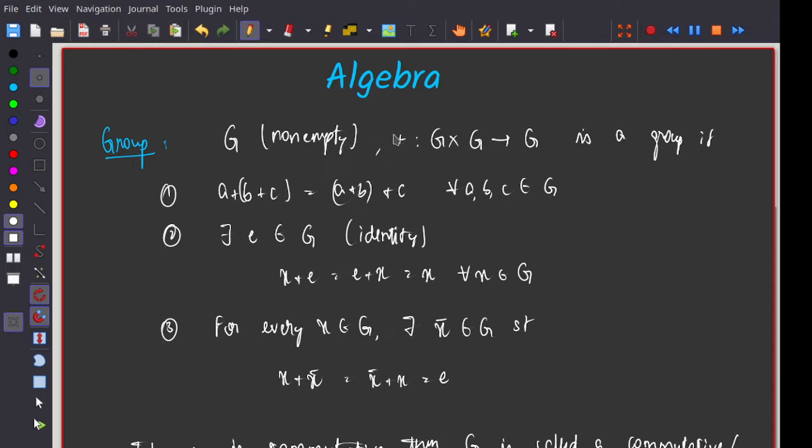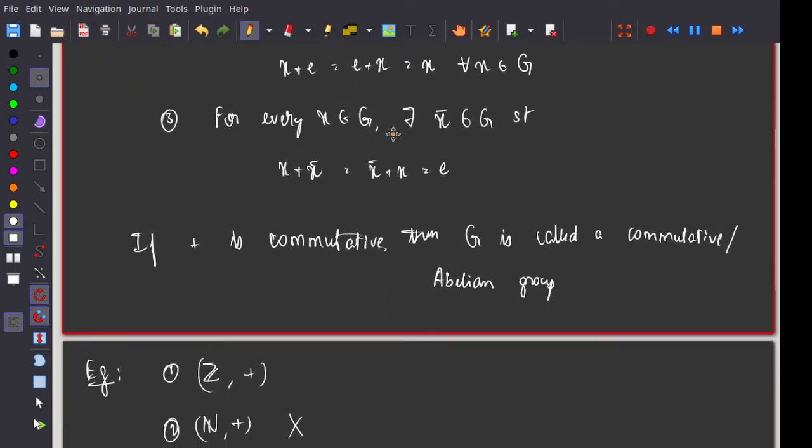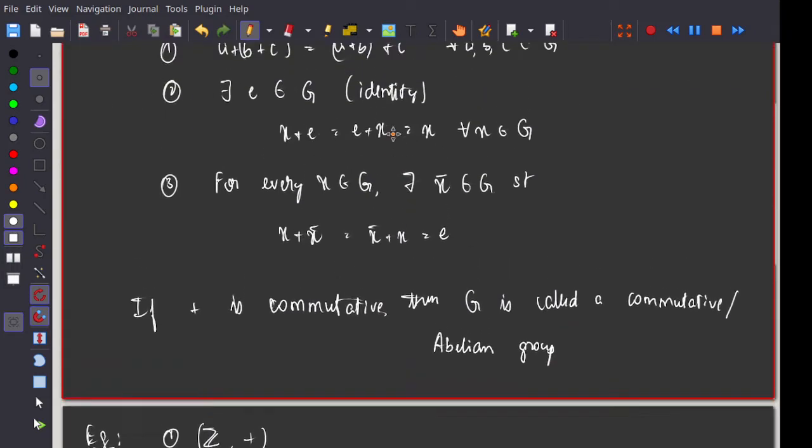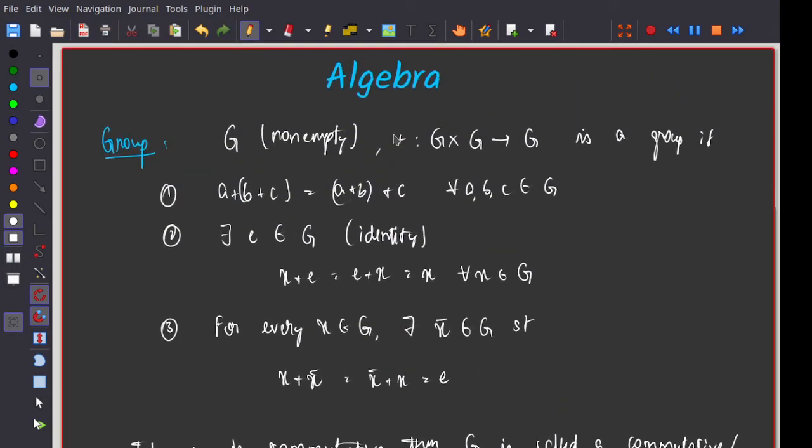Just that in many cases, when you also have a multiplication operation, it makes it convenient to call this the addition operation. This is just a binary operation. So a better notation would have been to call this some star.